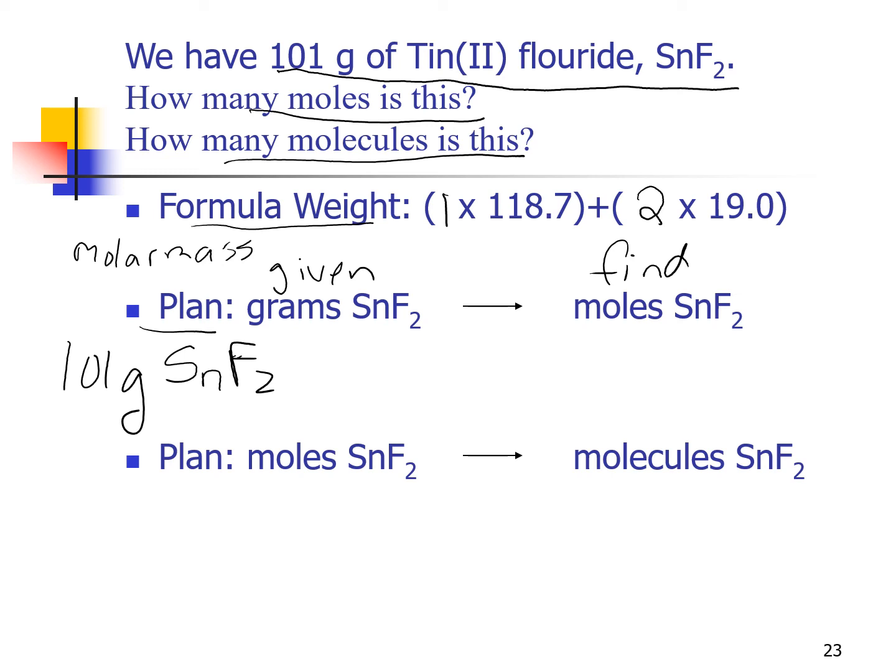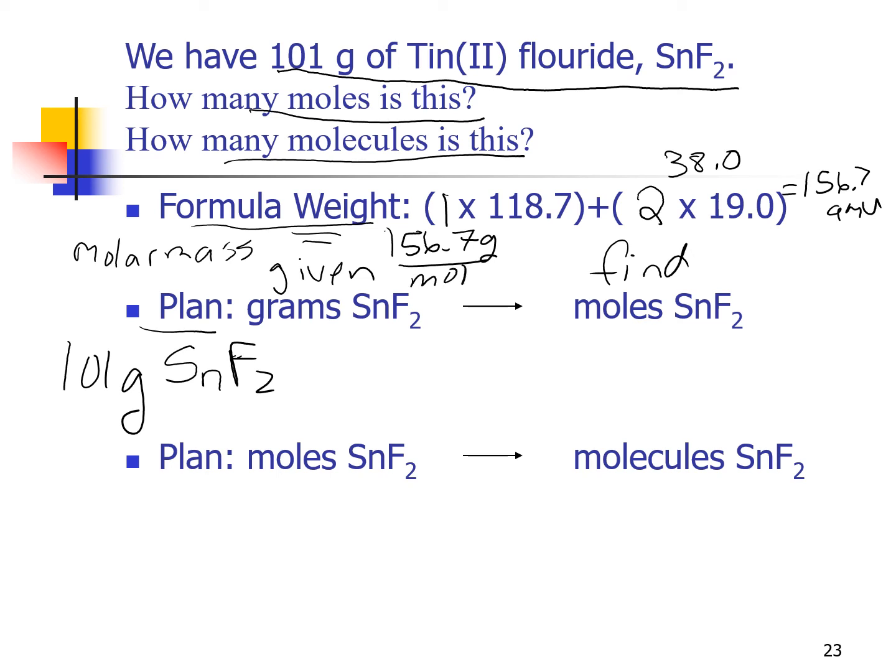So we have 2 times 19, the atomic weight on our periodic table. 2 times 19 is 38.0. If we add that to 118.7, we get 156.7 AMUs, the mass of 1 molecule of tin 2 fluoride. We can also say that is your molar mass, which is 156.7 grams per 1 mole of tin 2 fluoride.